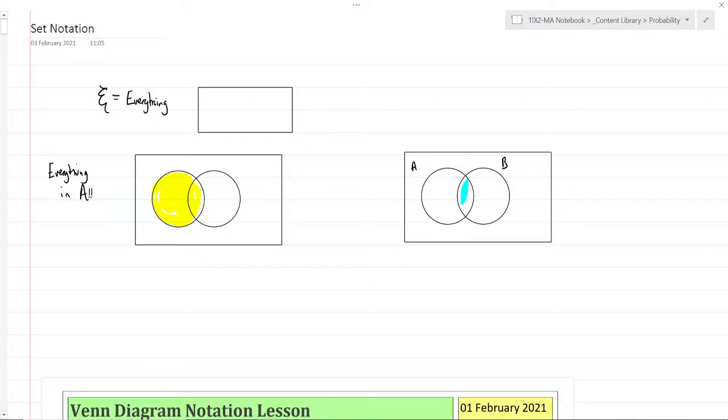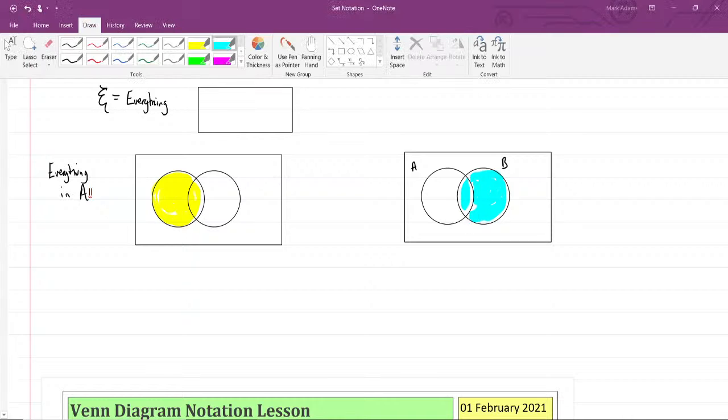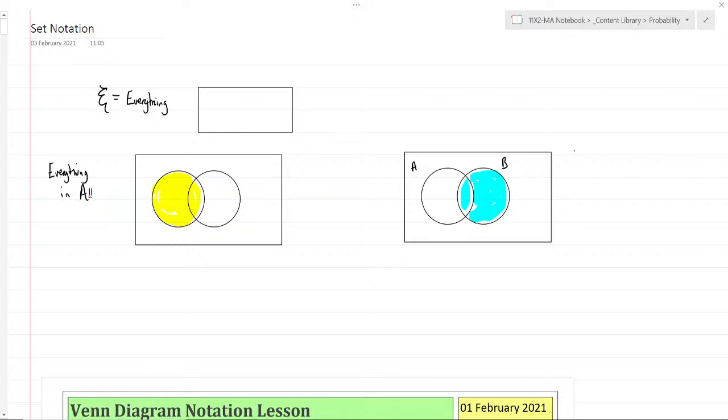So this part here is in B, and this part here is in B as well. So it's the whole of that circle. Everything there is everything which is in B. So that's kind of the starting point of this. Now you can, if you want to, put the little backwards 3 outside of these, because that shows that it's everything.